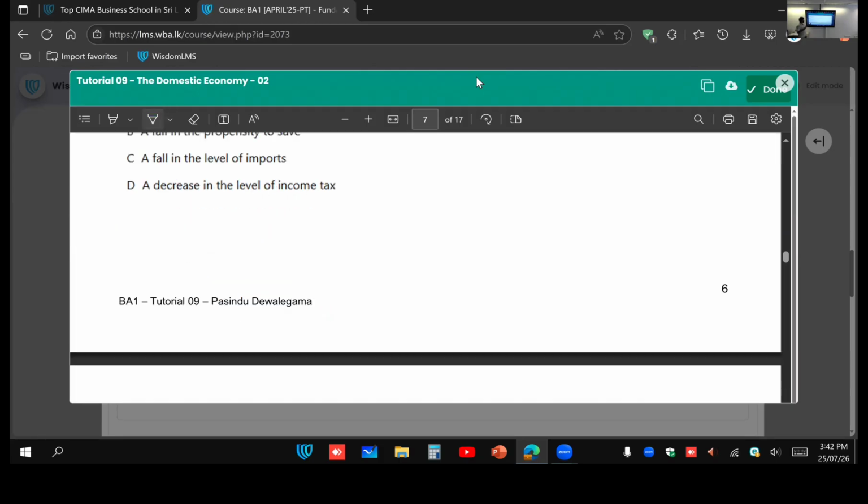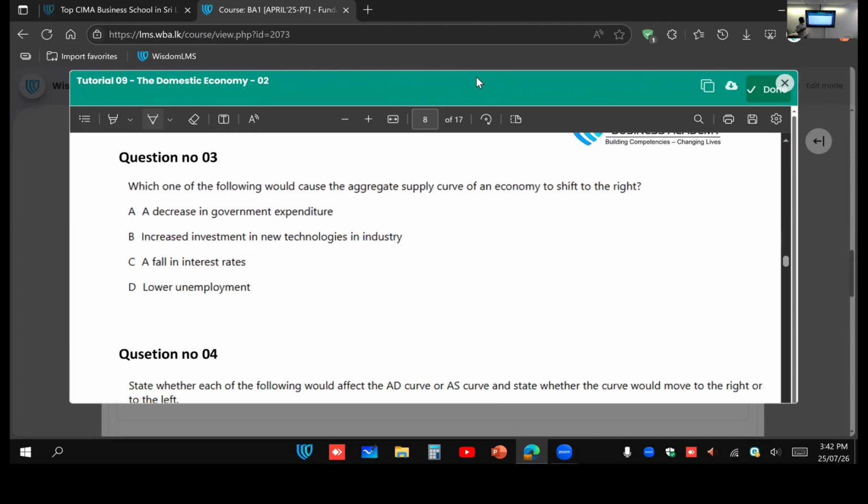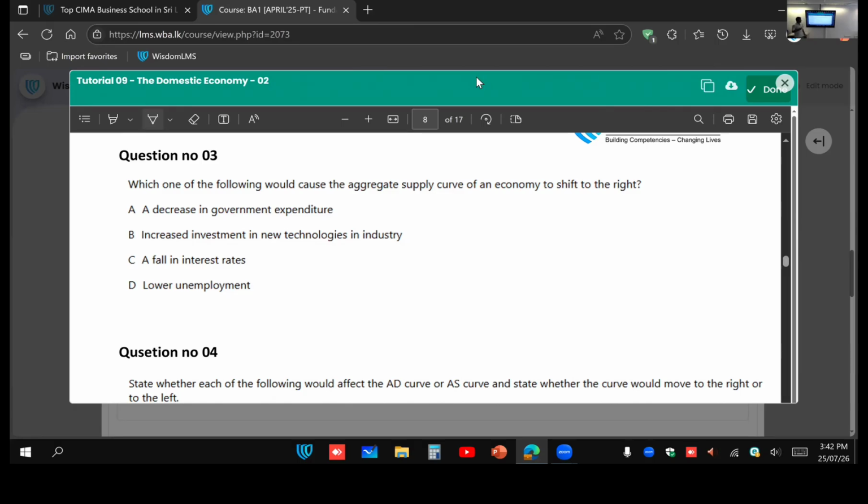Question number 3. Which one of the following would cause the aggregate supply curve of an economy to shift to the right? Aggregate supply curve this time. Correct. Those who are joining online, please just put your answers in the chat box.